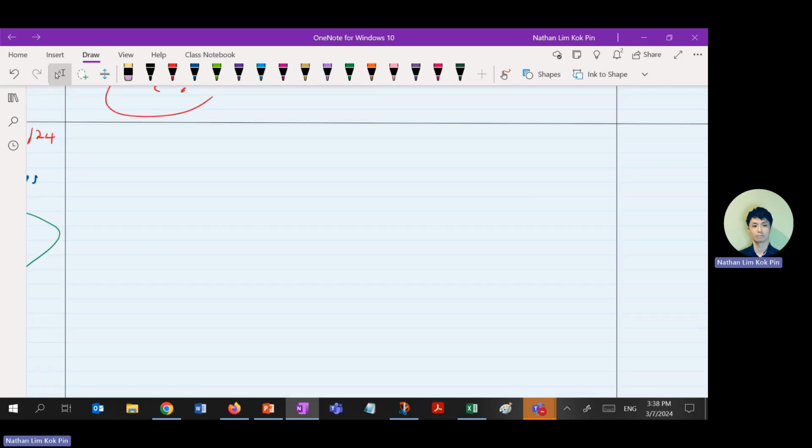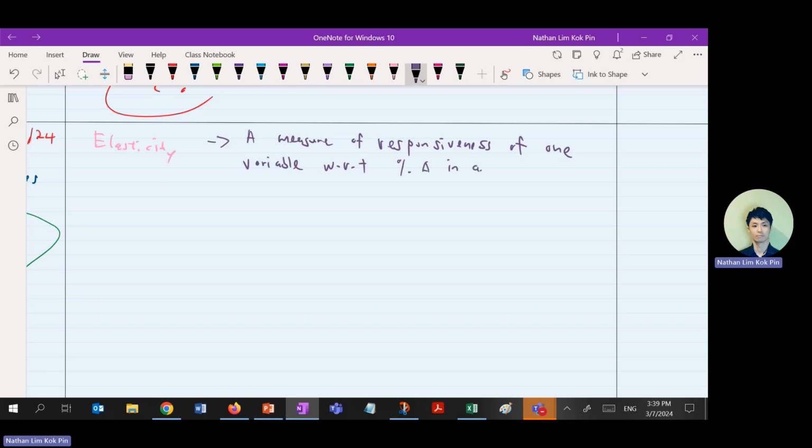Okay. Next one is elasticity. Elasticity refers to a measure of responsiveness of one variable with respect to a percentage change in another variable, right?